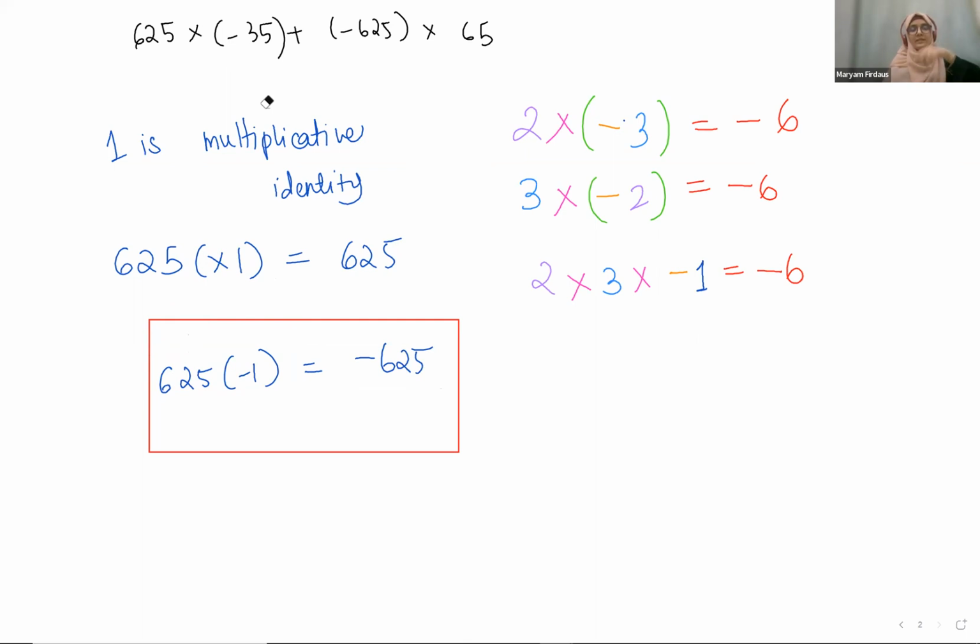So always remember this, that if you have any number, like over here, what did we have? We had negative 2. So you can say this whole thing can be rewritten as 3 multiplied by 2 multiplied by negative 1. Why? Because of the multiplicative identity property.